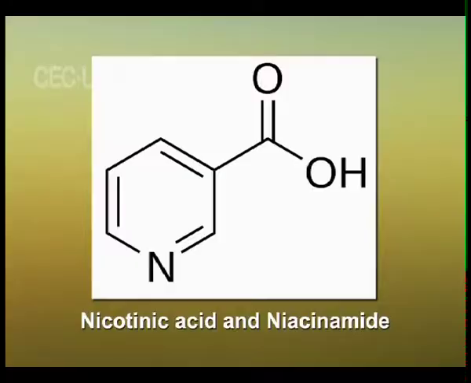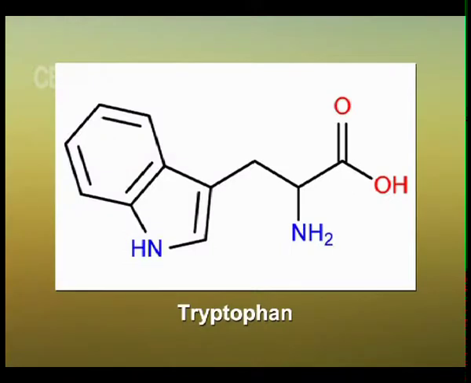Niacin can be manufactured by the body. Niacin is derived from two compounds, nicotinic acid and niacinamide. This vitamin differs from the other vitamins of B complex group in that an essential amino acid tryptophan serves as its precursor.